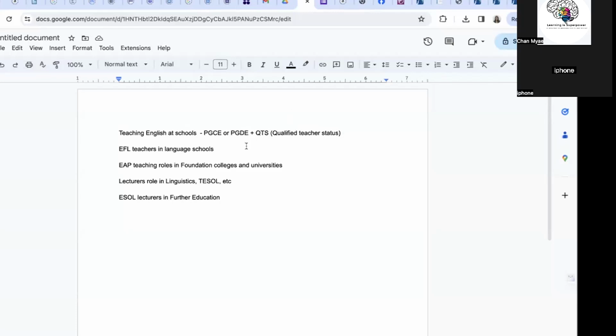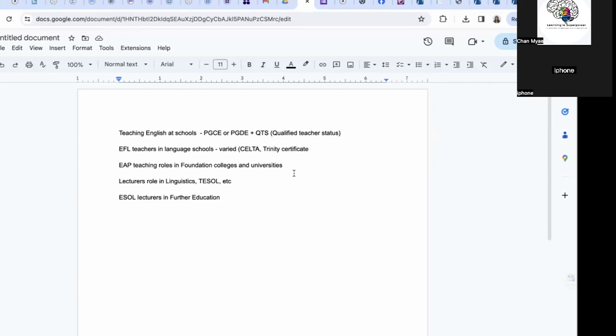Now for EFL teacher in language schools, it varies. But basically what they ask for is CELTA or Trinity certificate. Here, the key thing is that the certificates you have done have to include teaching practices.